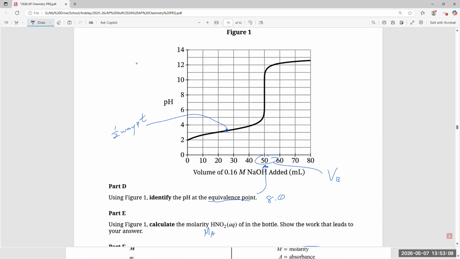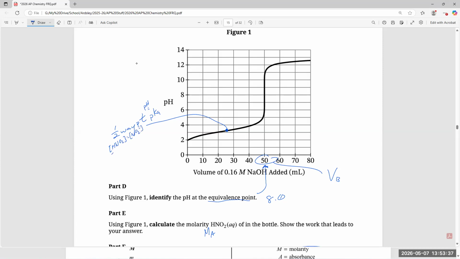What is interesting about the halfway to equivalence point? This is where pH equals pKa. Why is that? It goes back to Henderson-Hasselbalch, but you understand here that the concentration of our HNO2 is equal to our NO2 minus.